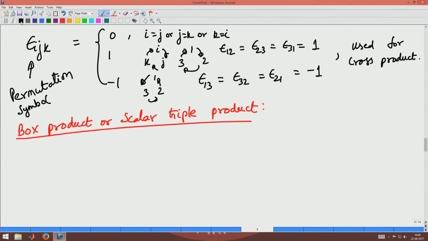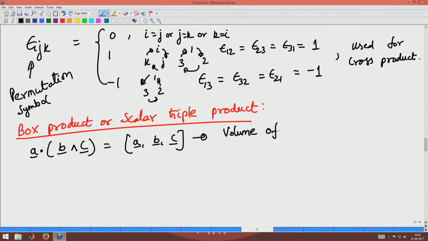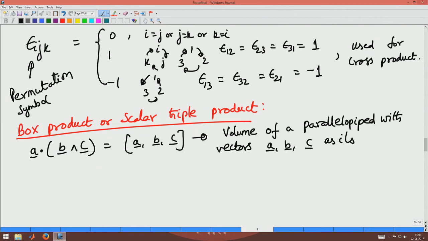If I have 3 vectors, A dot B cross C will be denoted by A comma B comma C. This is a combination of a cross product and a dot product, and what this represents is the volume of a parallelepiped with vectors A, B, C as its sides.